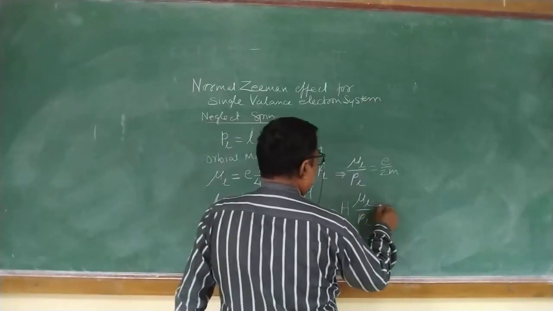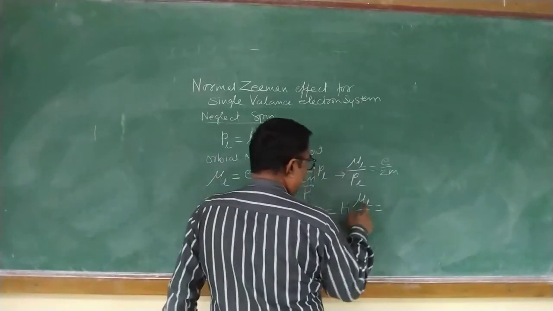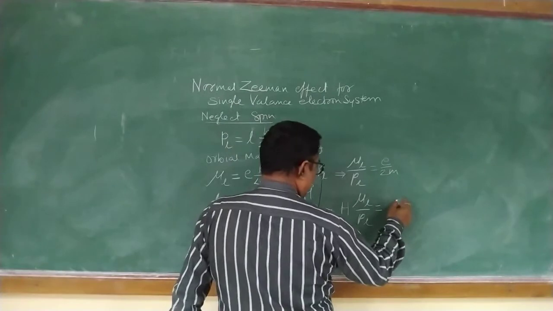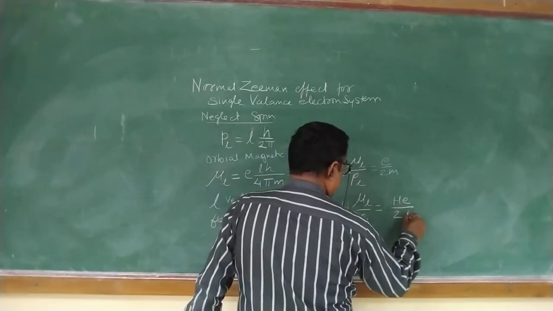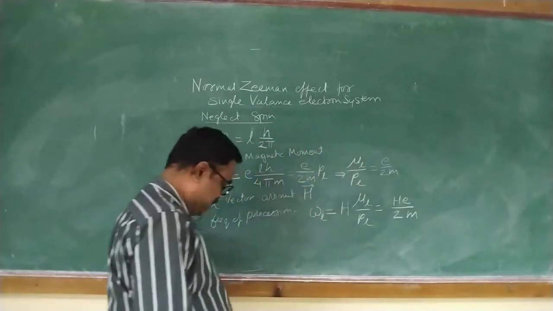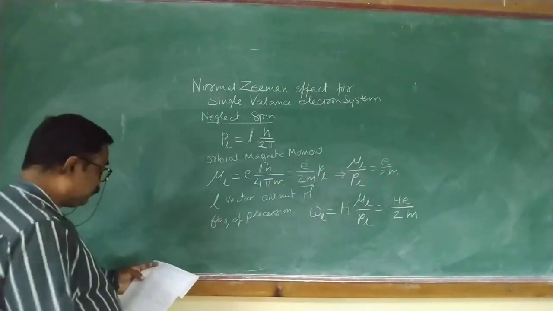Since mu L by PL is e by twice m, this is H e by twice m. You can write that.